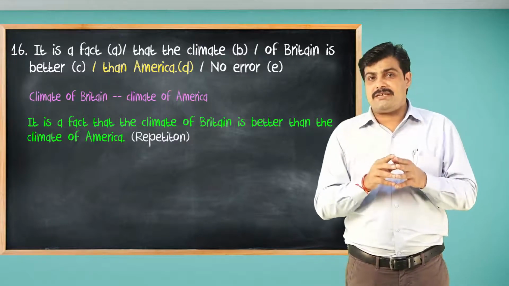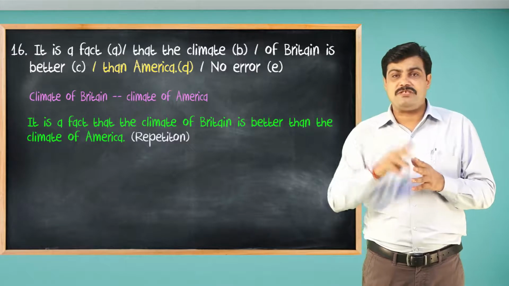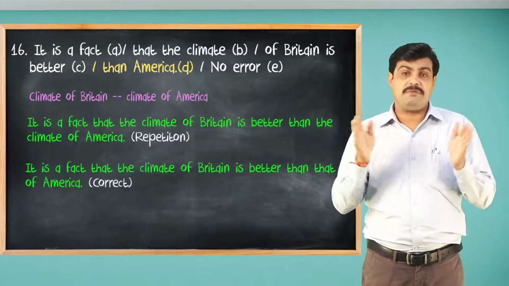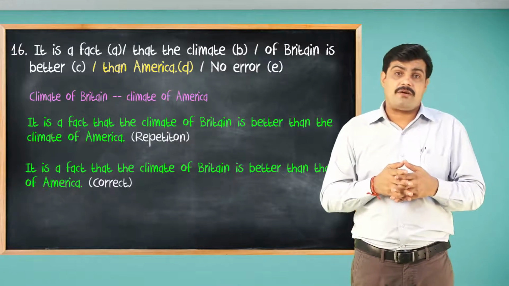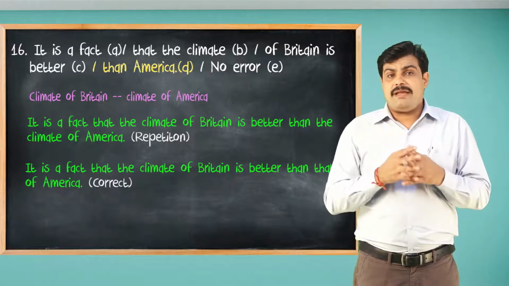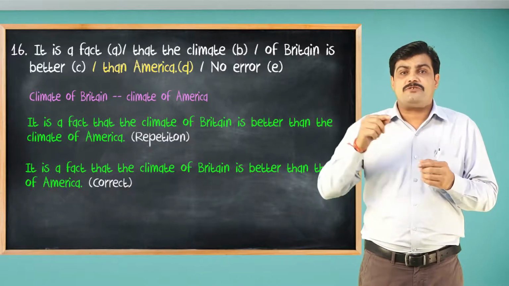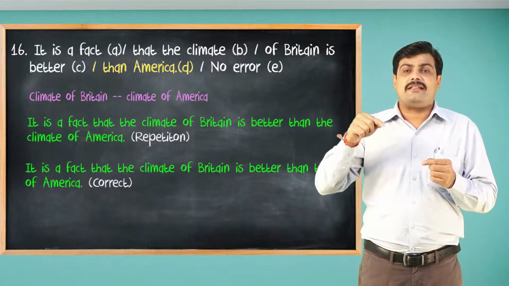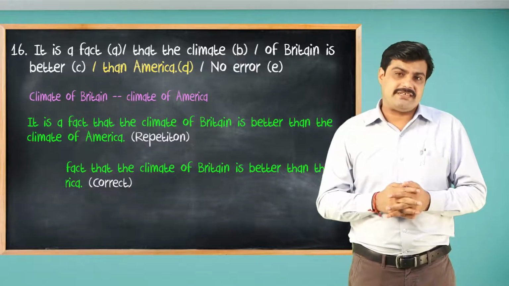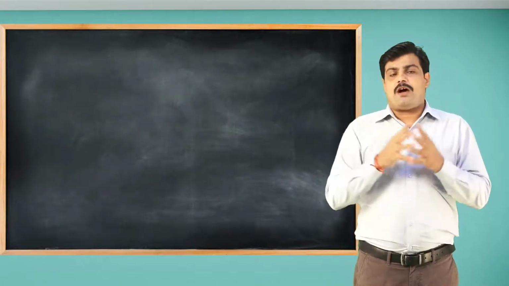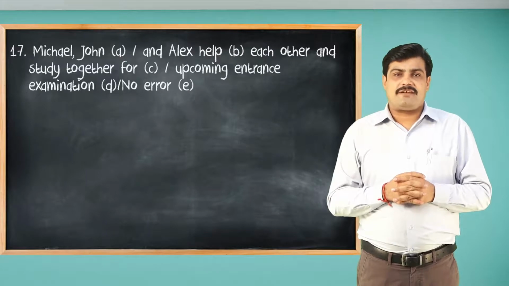But here you know there is a repetition of the word, and we avoid repetition in the English language. So it should be, it is a fact that the climate of Britain is better than that of America, is the right sentence. Now let us take another sentence.